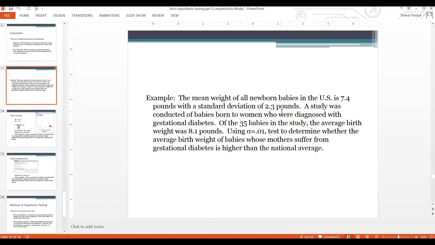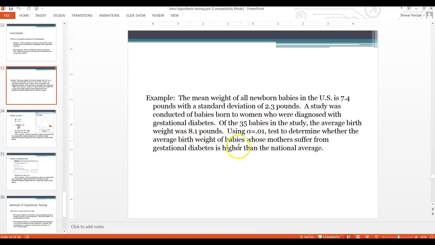So let's do another example. So the mean weight of all newborn babies, we're supposing, is 7.4 pounds with a standard deviation of 2.3 pounds. So this is telling us this is mu and this is sigma. So if we look at women who are born with gestational diabetes, they tend to have bigger babies. So we've got a sample size of 35, and from that sample, a mean of 8.1.